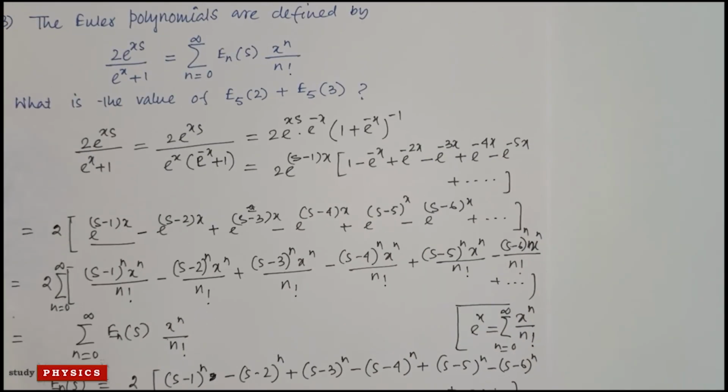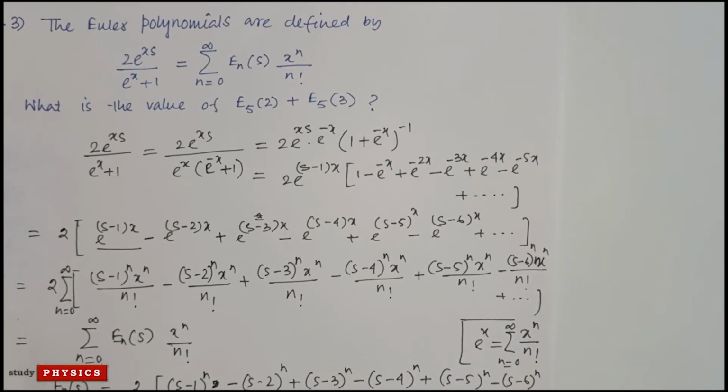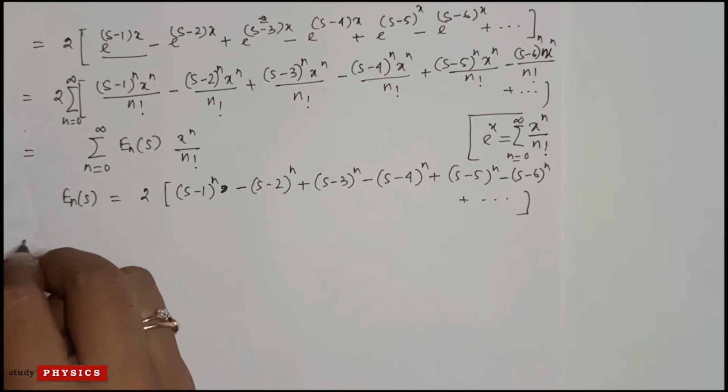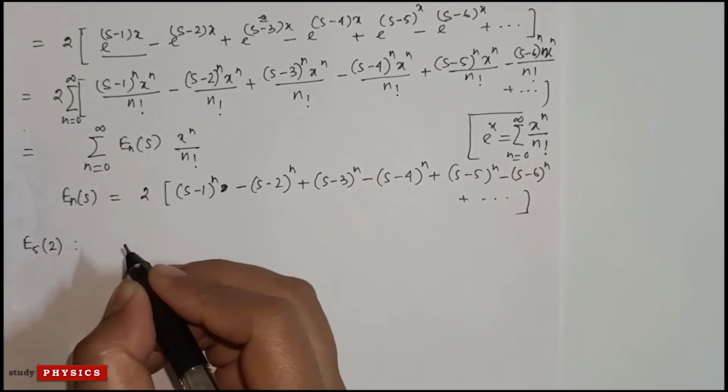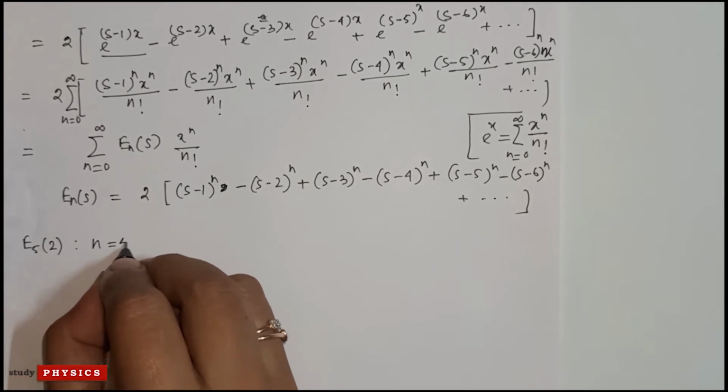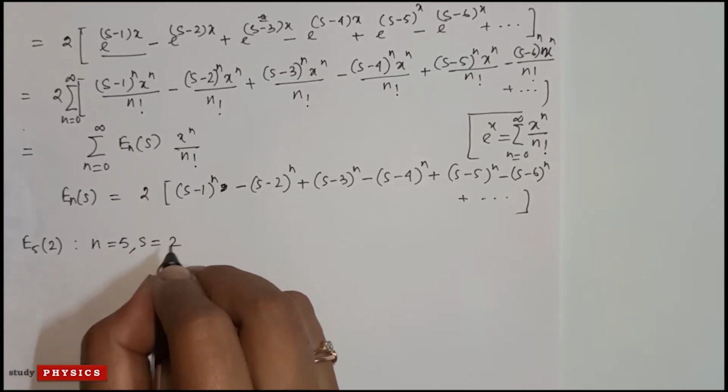Now the question is E(5,2) plus E(5,3). So E(5,2) means n is 5 and s is 2.